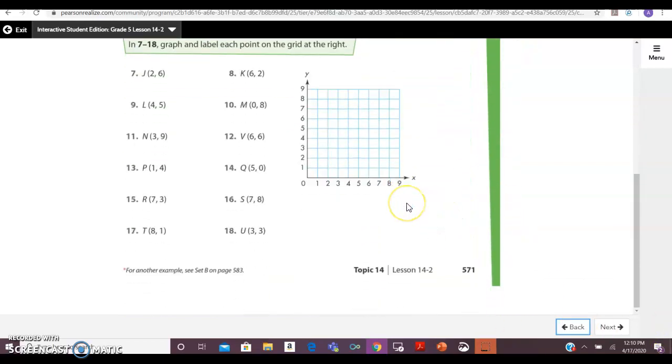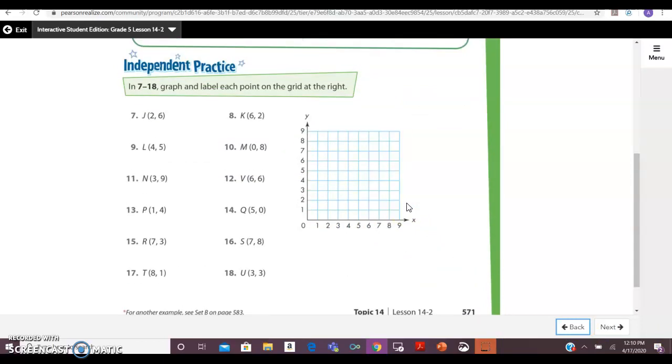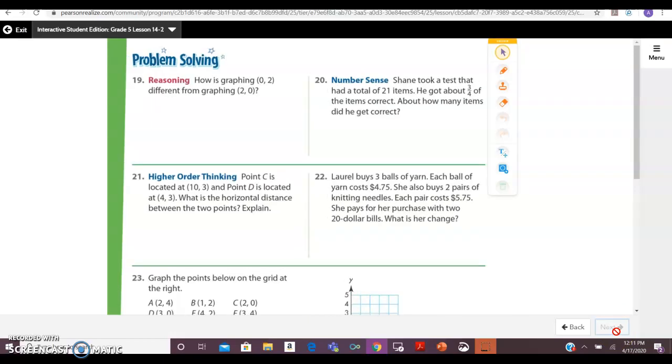Number 7 through 18. Graph and label each point on the grid at the right. Number 19. Reasoning. How is graphing 0, 2 different from graphing 2, 0? Number 20. Number sense.